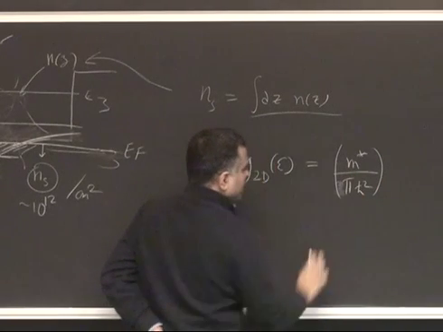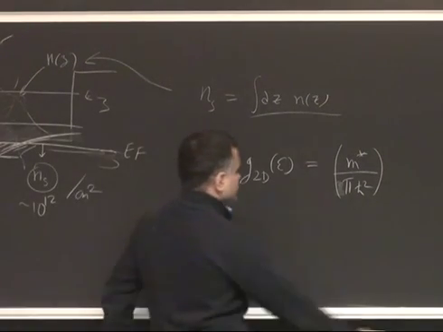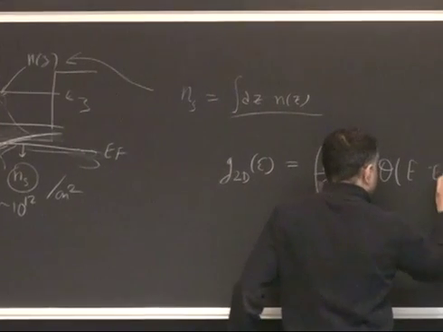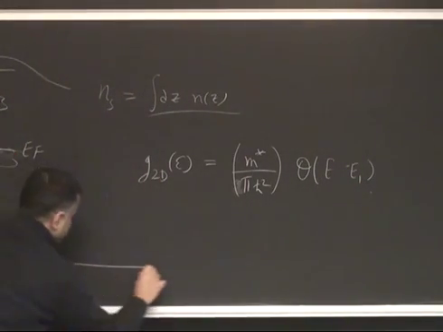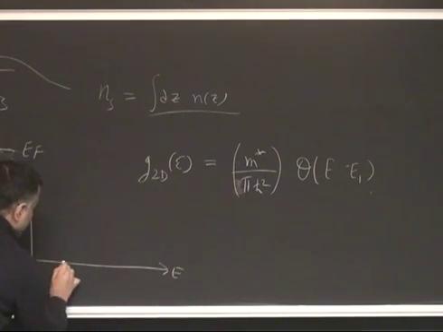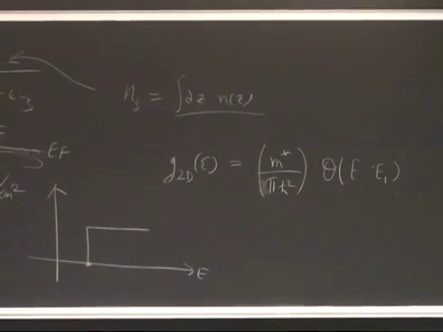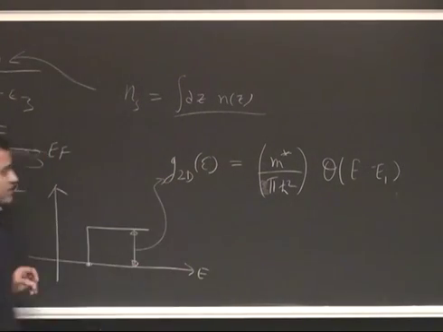If you know the effective mass of the material that the quantum well is composed of, then that's the density of states times a unit step function of E minus E1, or whatever is your ground state. Remember, the density of states of a 2D system starts wherever your band starts, and then you have a unit step, right? Do you remember that part?